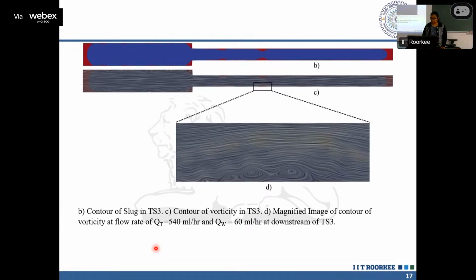Okay, now this is something interesting. We have seen that in the flow through the sudden contraction, a long slug is noted.